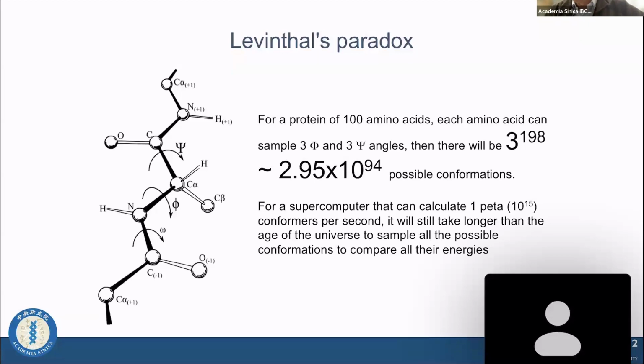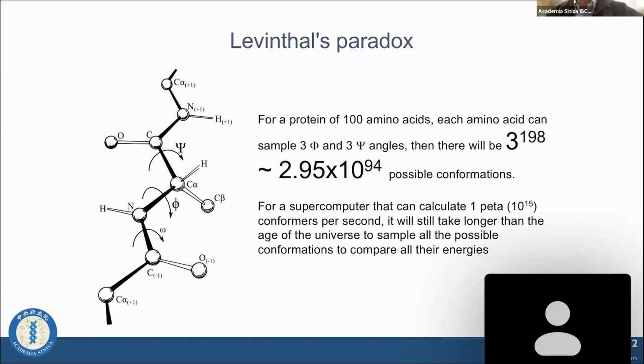This is a huge number, meaning that the degree of freedom of a not very big protein, 100 amino acids, is vast. So if we were to sample all the conformations using a supercomputer that would be able to calculate 1 petaconformer per second, this would still take longer than the age of the universe to sample all the possible conformations. So this is really not a realistic random sampling process.